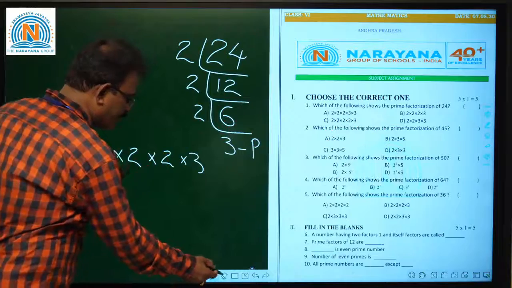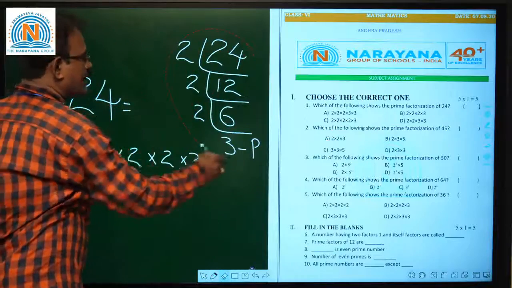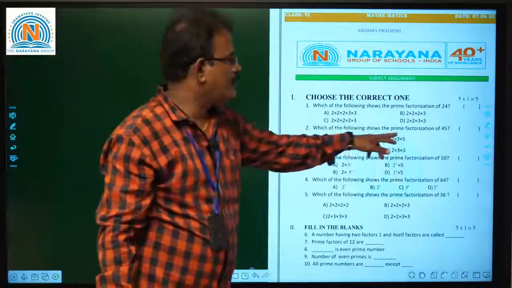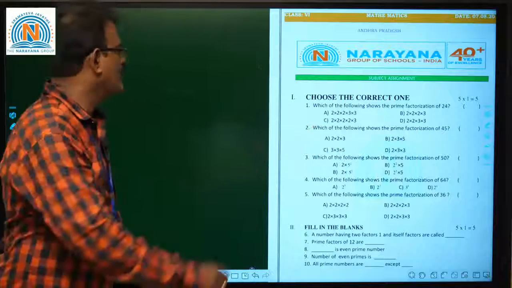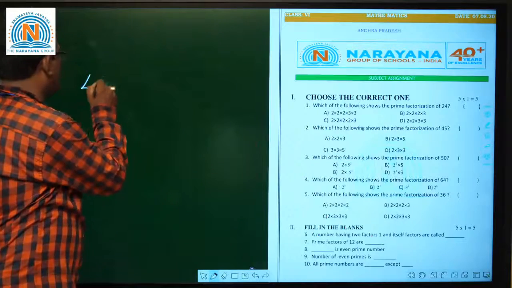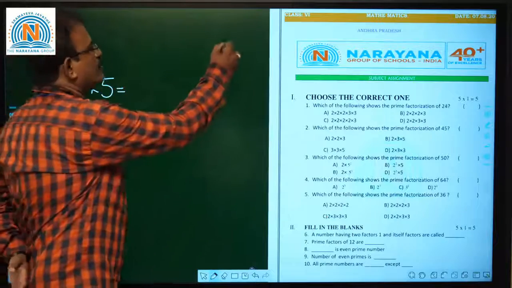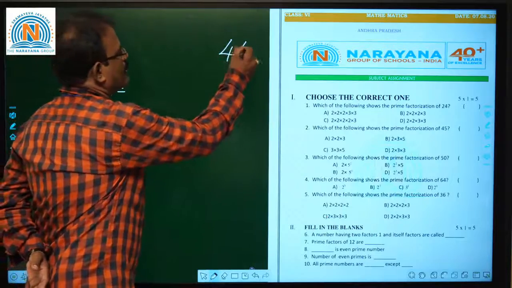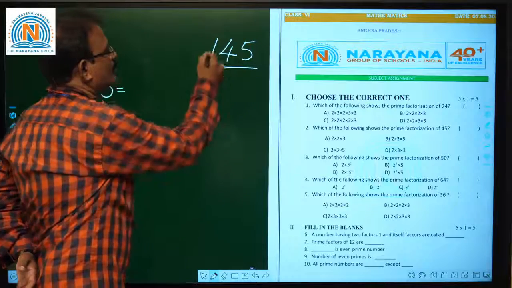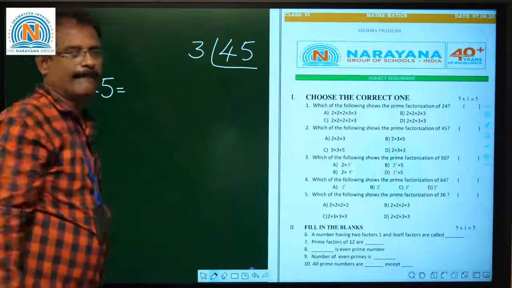Coming back to the second question, which of the following shows the prime factorization of 45? If you consider 45, let us recall the divisibility rules. As 45 is not divisible by 2, our next prime number is 3.